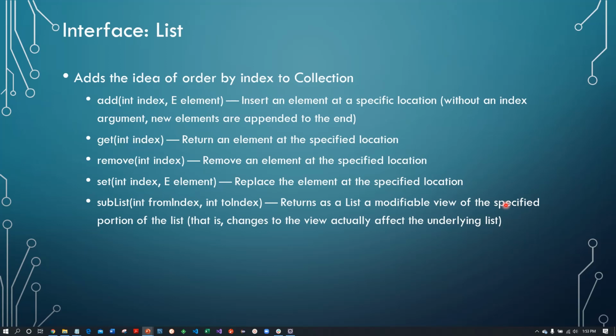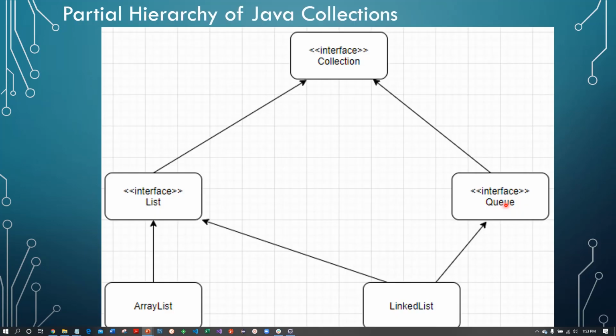So add at this index this object or this element. Get at this index. Remove at this index. So the interface list adds to the notion of collection the idea of indexing. So again, reviewing our diagram: collection at the top, and then list inherits from collection, also an interface, not an implementation yet.